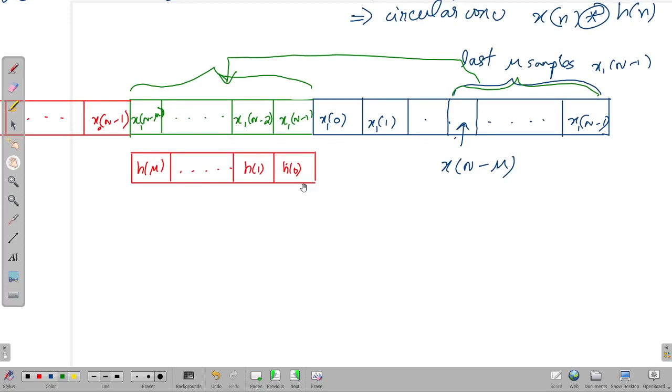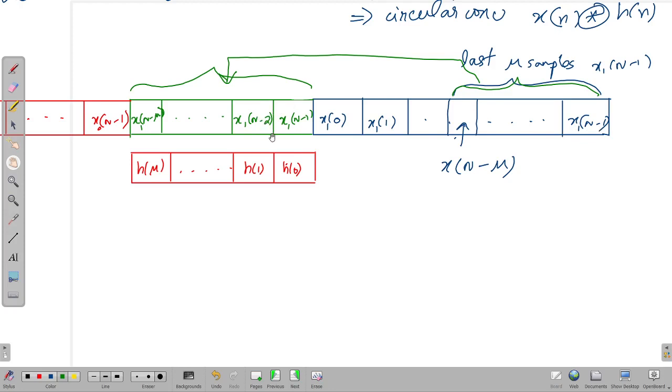Let me draw a more general diagram. So now I've got the idea. This is the cyclic prefix. These last mu samples, placing that before the symbol. Placing the last mu samples of the current OFDM block to the front of the block.